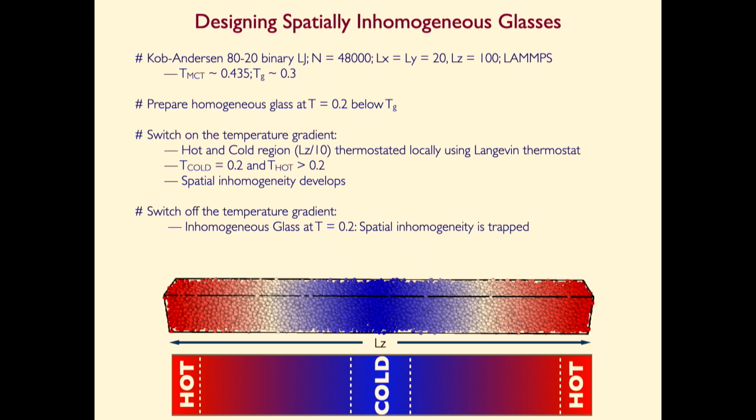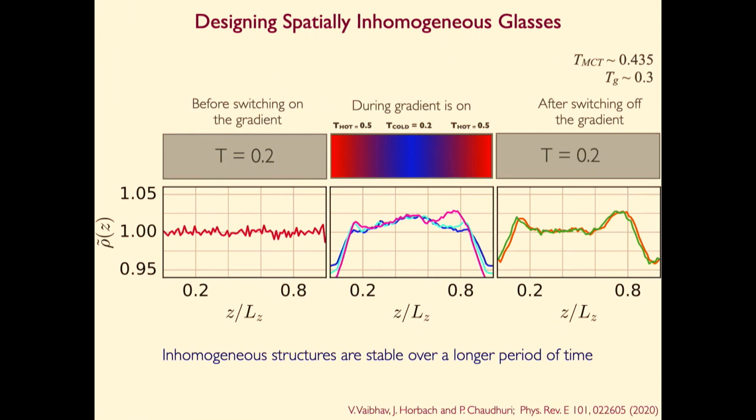And as I already said, since this material is in the glassy state, we remove the temperature gradient and we see that some inhomogeneity which has developed when the gradient was on still remains in the material, trapped in the material. So for example, you can see here we have a glass where the density is homogeneous, spatially not varying too much at the temperature 0.2.